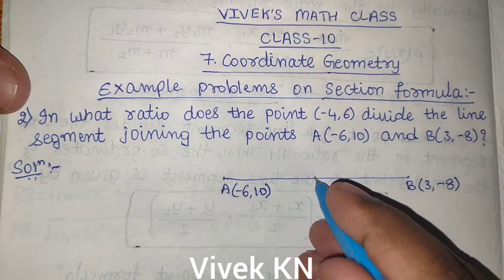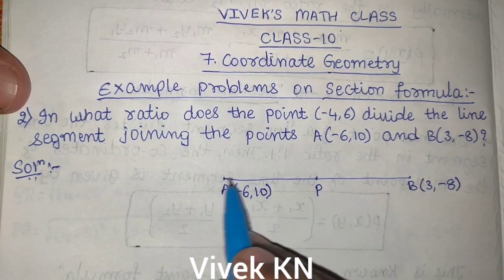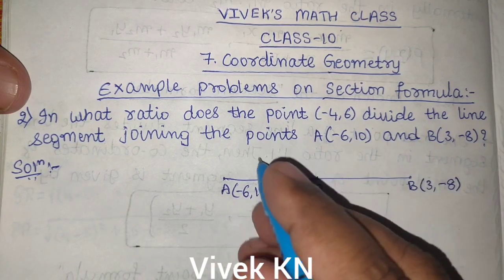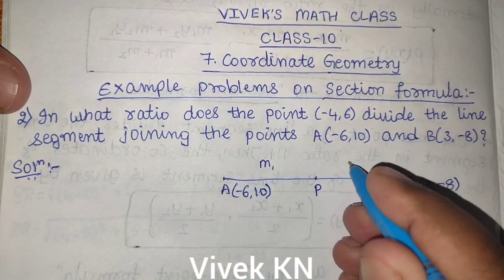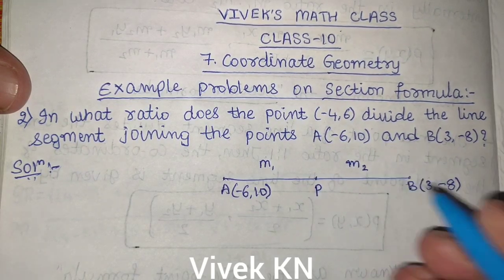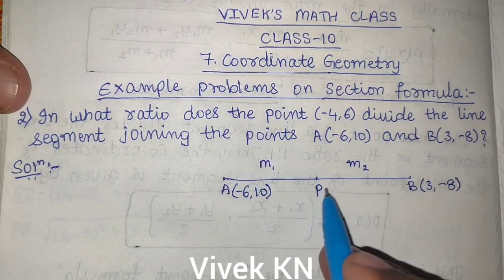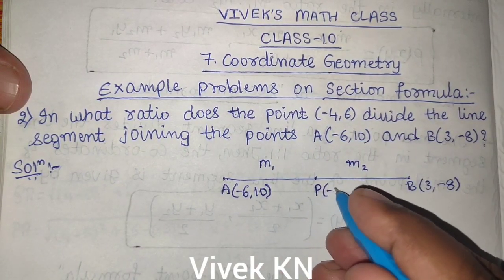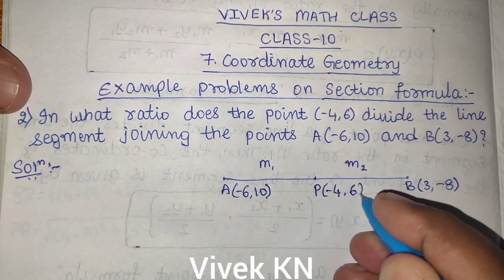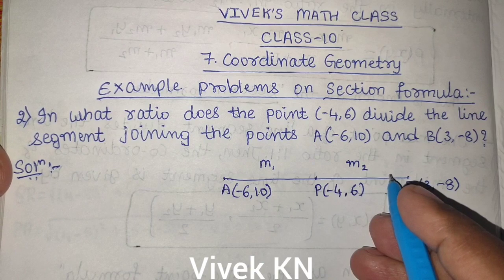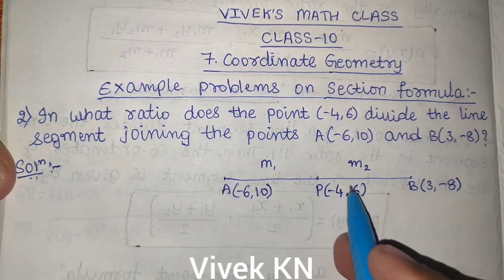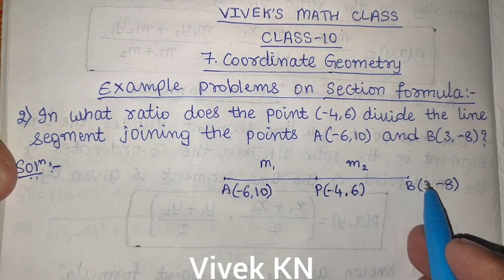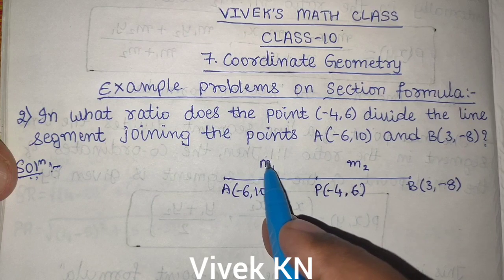Here the point P divides the line segment AB internally in the ratio m1:m2. Here they have given the coordinates of the point P, that is (-4, 6). So now we have to calculate in what ratio this point divides the line segment AB. That is, we have to find out the values of m1 and m2.